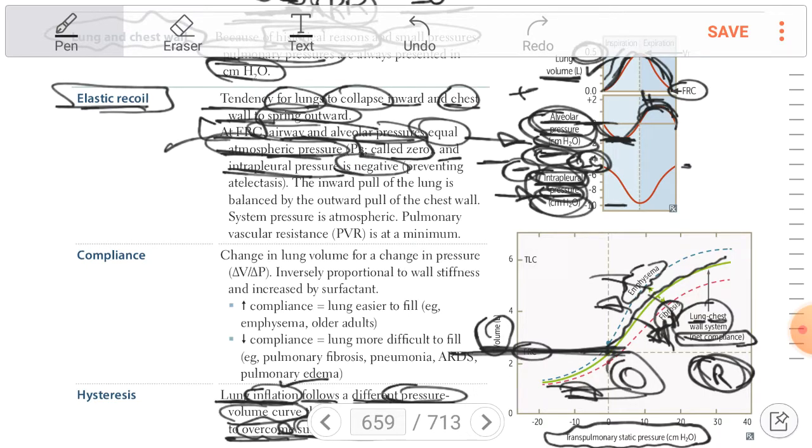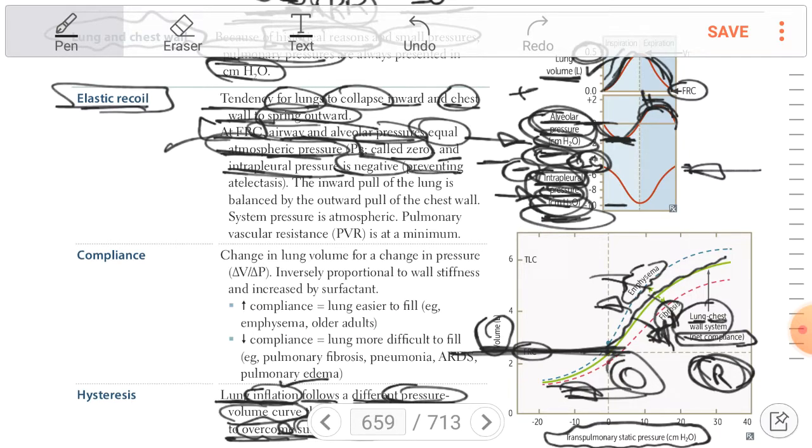We say that intrapleural pressure is always negative because you want the chest wall to move with the lung and the lung to move with the chest wall. So there must be negativity between them to make them a single unit in movement.